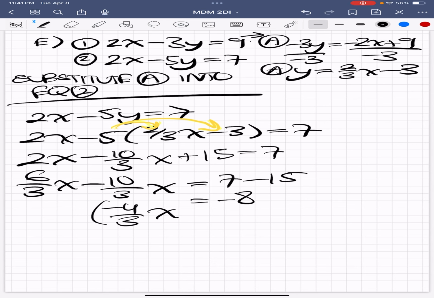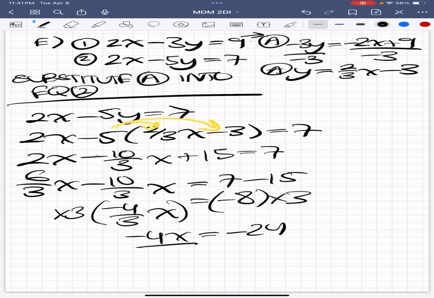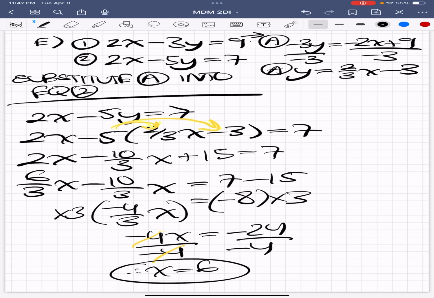And then we times by 3. So we have the x coordinate of our POI, which is 6.